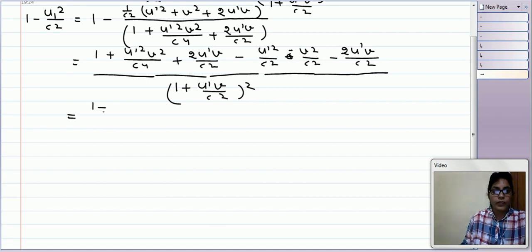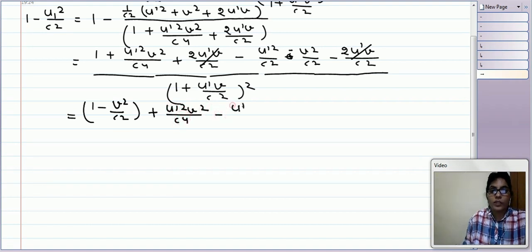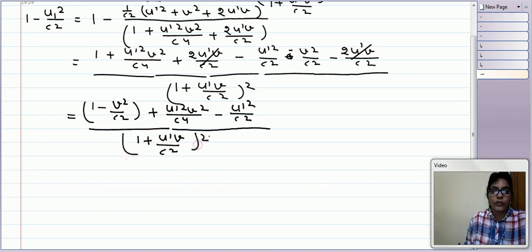So here we can write 1 minus v square by c square into one bracket, and we are left with plus u dash square v square upon c to the power 4 minus u dash square upon c square, and this whole divided by 1 plus u dash v upon c square whole square.